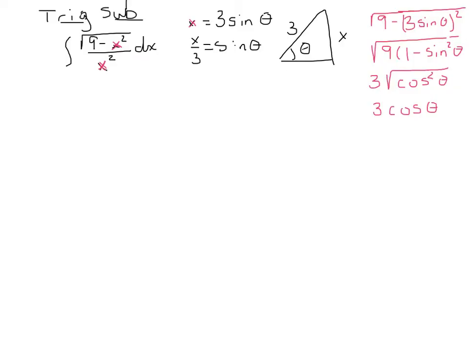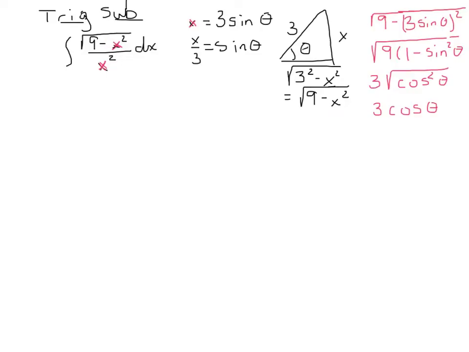This leg would have to be the square root of the hypotenuse squared minus that leg of x squared. Notice that is the square root of 9 minus x squared, and that matches what we have in our integral. So when I choose my x value, I'm choosing that x so that this triangle gets the correct square root back to the integral.